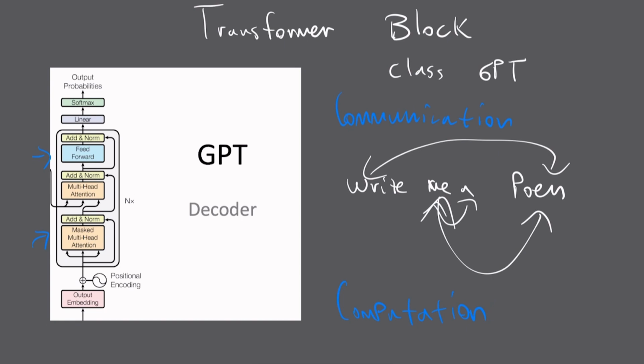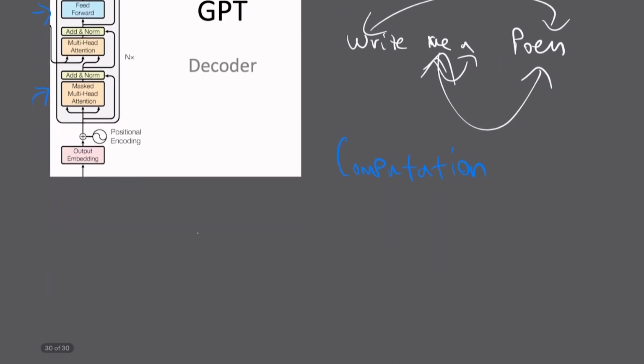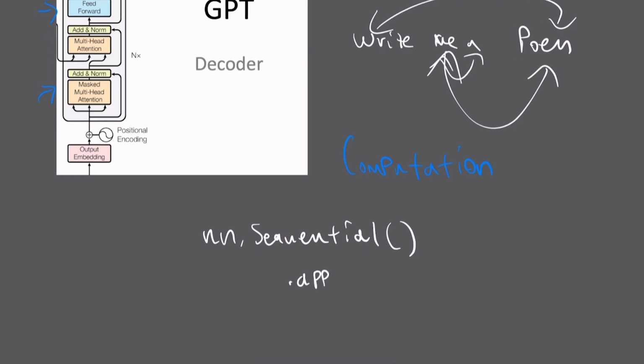But to actually implement this into code, we're going to use something called nn.Sequential. So in your GPT class, in the constructor, you will define something called nn.Sequential. And you can treat this just like a Python list. You can call .append on an nn.Sequential with the only restriction that the only thing this list can contain is other neural network layers.